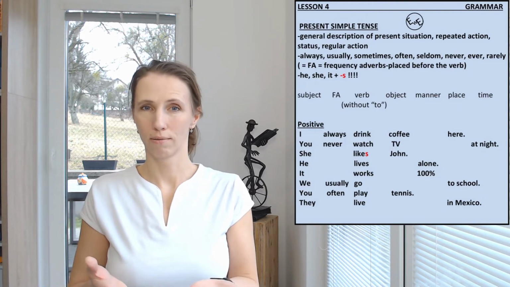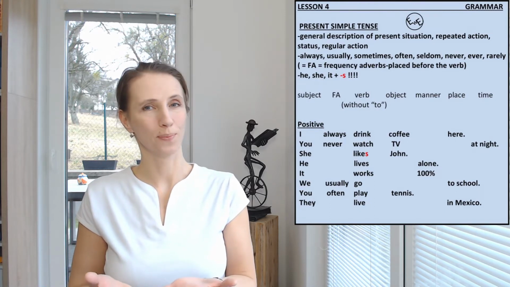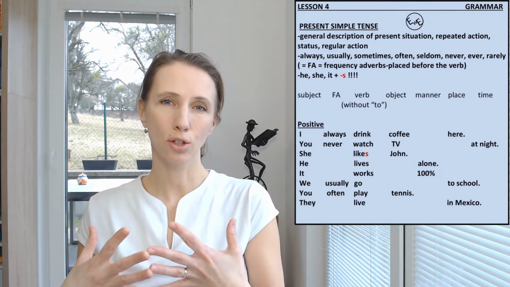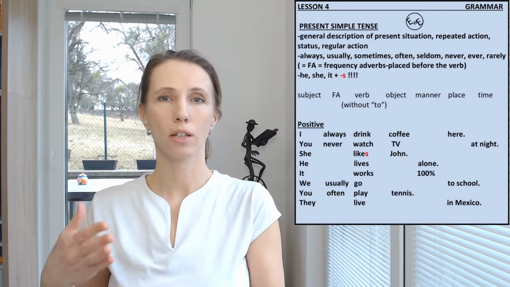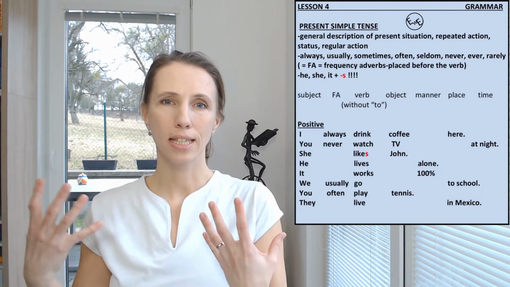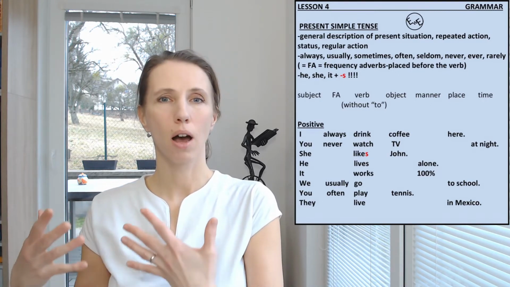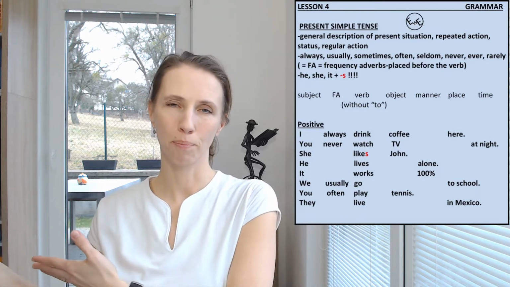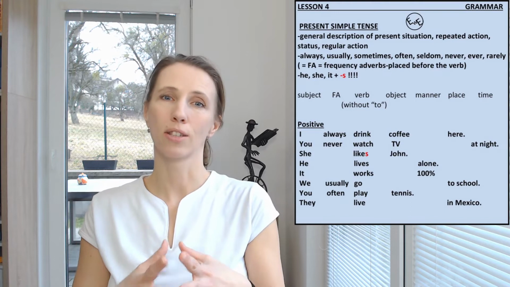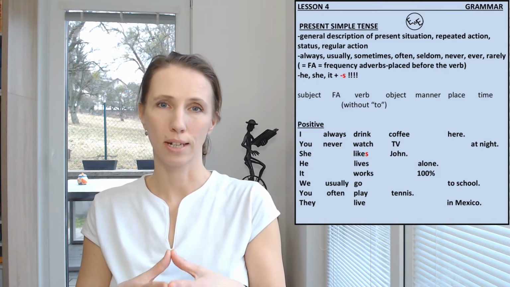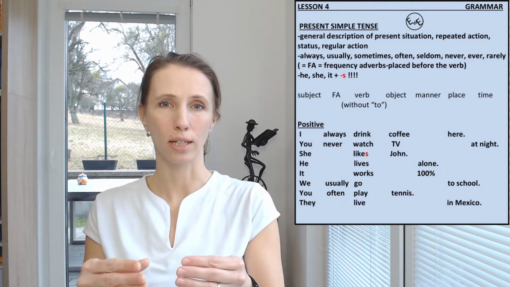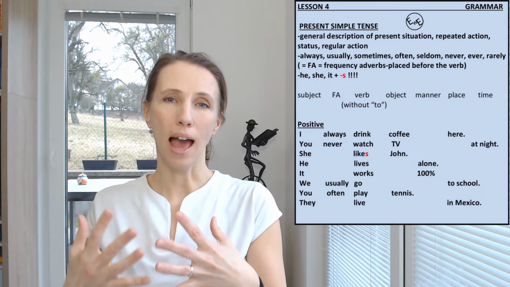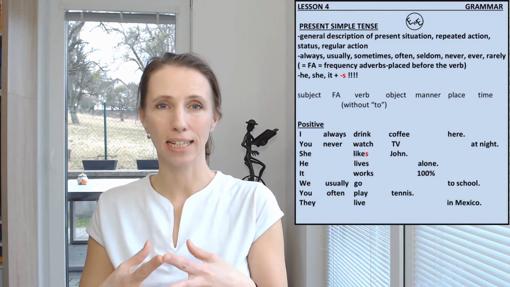ever, and others. The positive sentence has the structure as you know it. Subject, verb, object, manner, place, time. Be careful because in the third person singular, which is she, he, and it, we have to add the ending s.